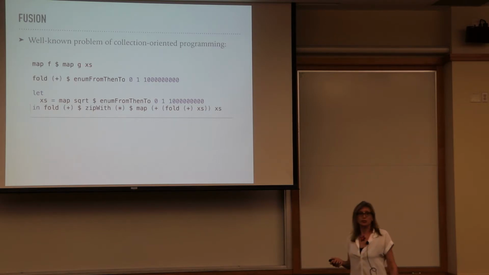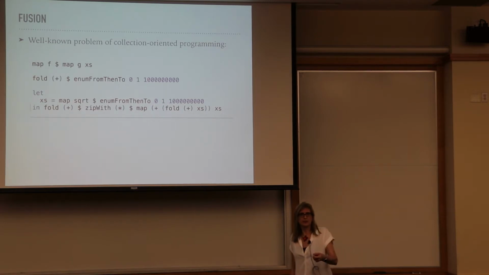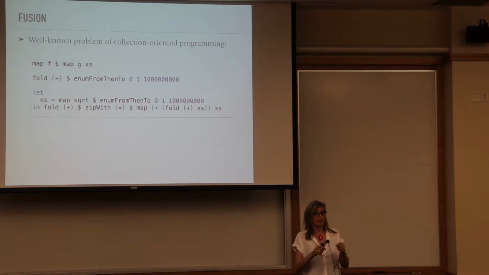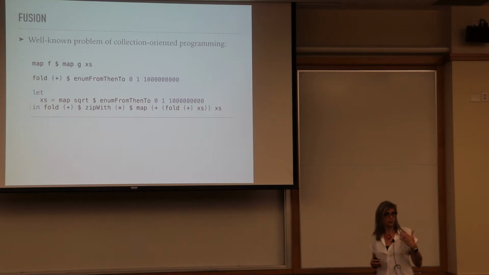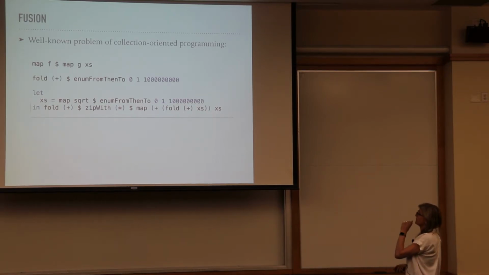And memory access is usually, unless G and F are really, really expensive functions, the dominating factor in the cost. So this is twice as slow as map of F composed with G for many functions, because the amount of work we do on every element is often fairly minor compared to the memory access.